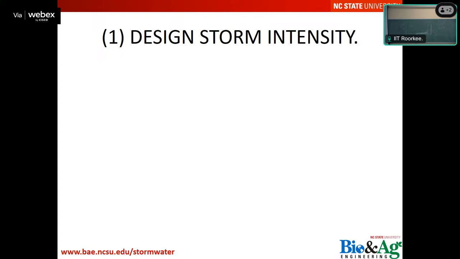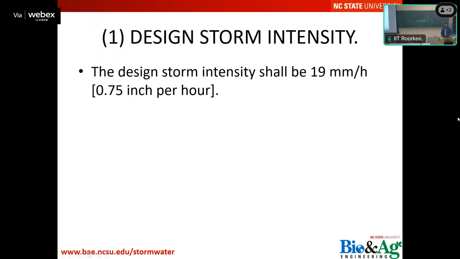They'll tell you the 10-year 5-minute intensity or the 10-year 10-minute intensity for this location, and those numbers will tend to be a fair amount higher. About 125 millimeters per hour, I would bet.